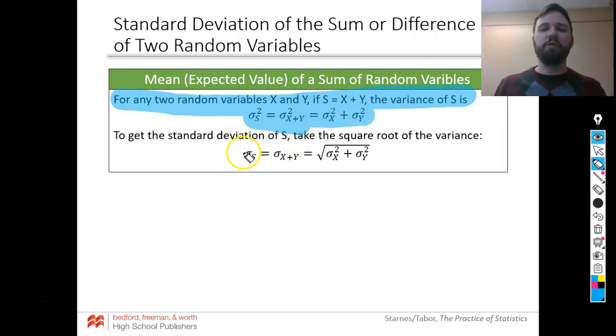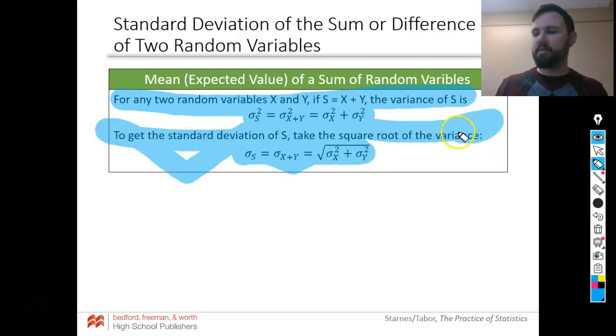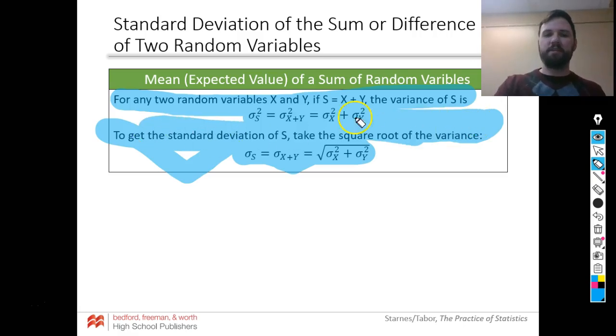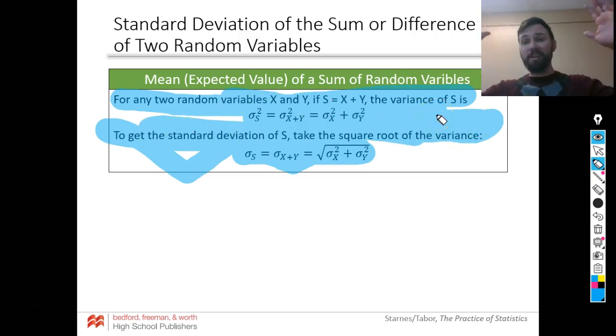And then we square root that to get the standard deviation. Oh, I can just do this. Touch screens. Let's go. Know that formula. You square them, add them for the variance, then square root it for the standard deviation. All right. Y'all good?